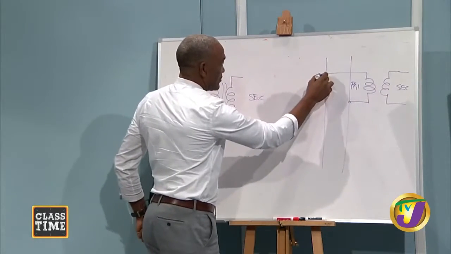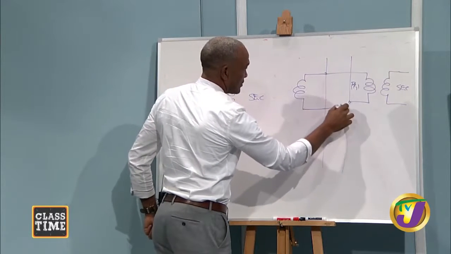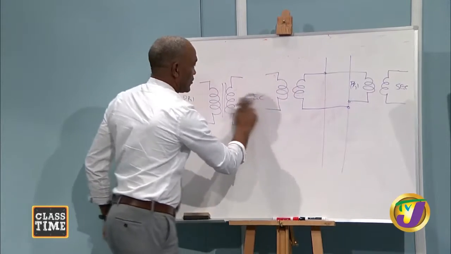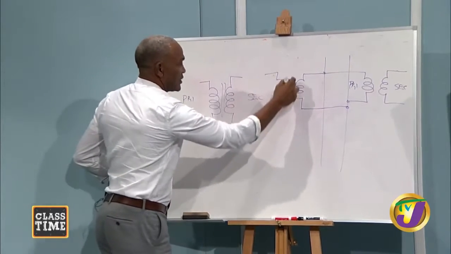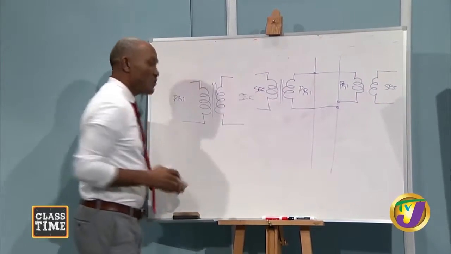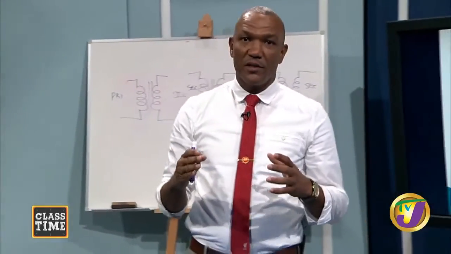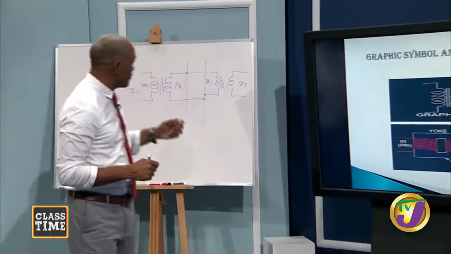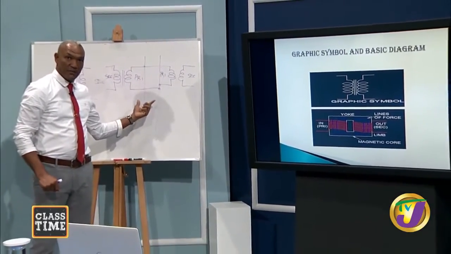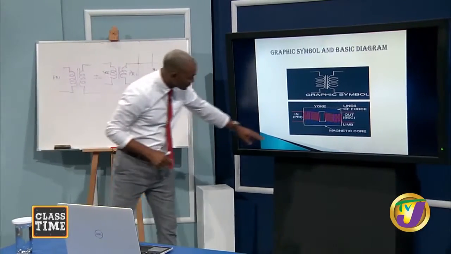However, if you draw the same transformer on this side, let me get rid of this. This would be your primary, and this would be your secondary. So when you join your transformer into a circuit, bear in mind that your primary side would be the one that is connected to your supply, regardless of how you join it, whether horizontally or vertically.